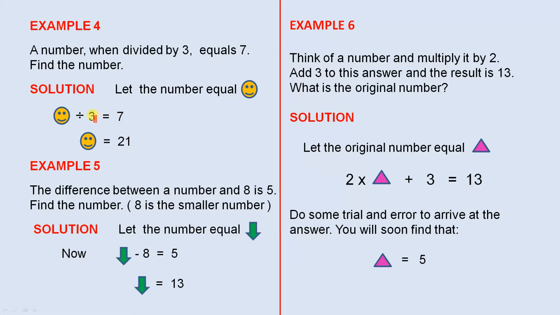Well, let's do some examples. 3 into 15 doesn't give you 7, that gives you 5. 3 into 18 gives you 6. 3 into 21 gives you 7. Why? Because 3 sevens are 21. So the smiley face must be 21.